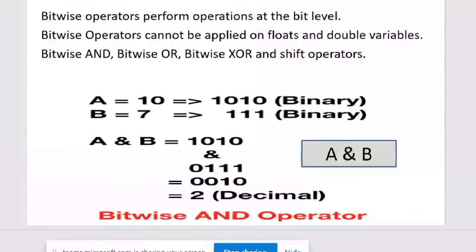The system will automatically do that. So if I give 10 and 7, 10 is converted into binary and 7 is converted into binary, and the system will do that for you. There will be an AND operation between the corresponding bits of the two values A, B, and you'll get the value 2 over here. Okay, I'll just show you that.